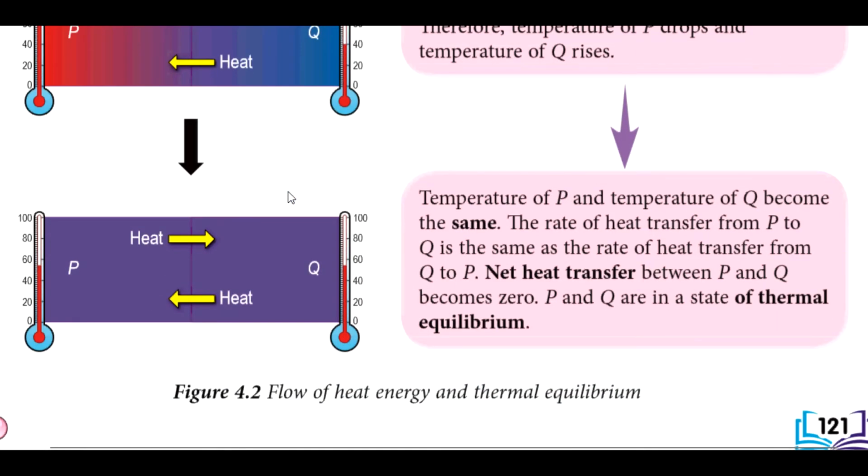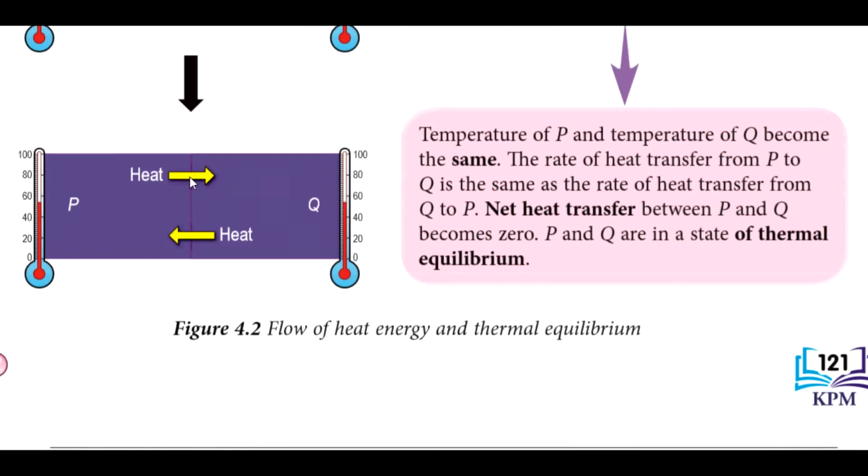After some time, the heat transfer from P to Q and from Q to P will be equal. In this case, we say that the net heat transfer between P and Q is 0, so there is no net heat transfer between objects P and Q. When this happens, the temperature of object P and object Q will be the same.